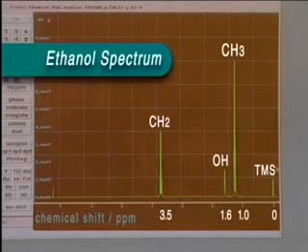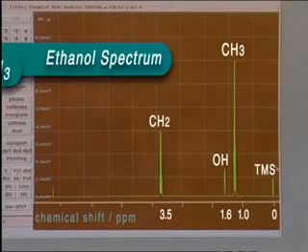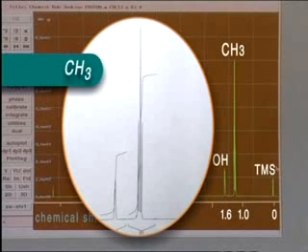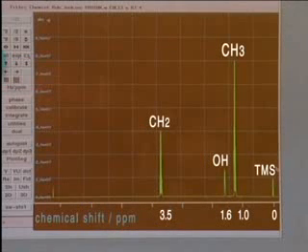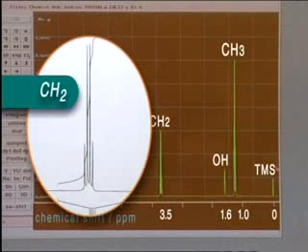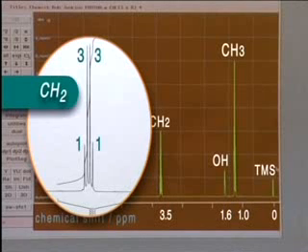It is due to the influence of the magnetic field of adjacent protons. Two adjacent protons split a peak into 3 with heights in the ratio 1 to 2 to 1. And 3 adjacent protons produce 4 peaks with height ratios 1 to 3 to 3 to 1. This is sometimes called the n+1 rule.